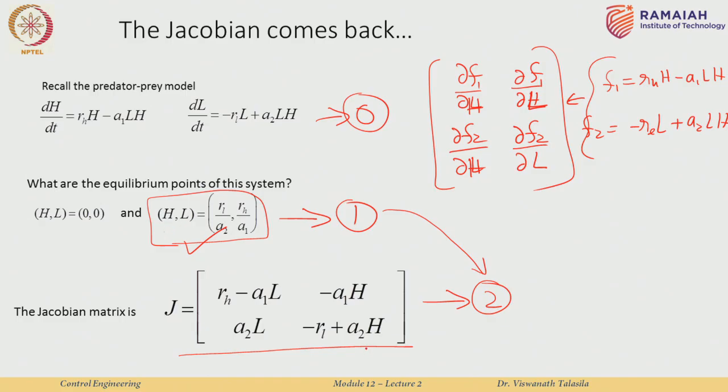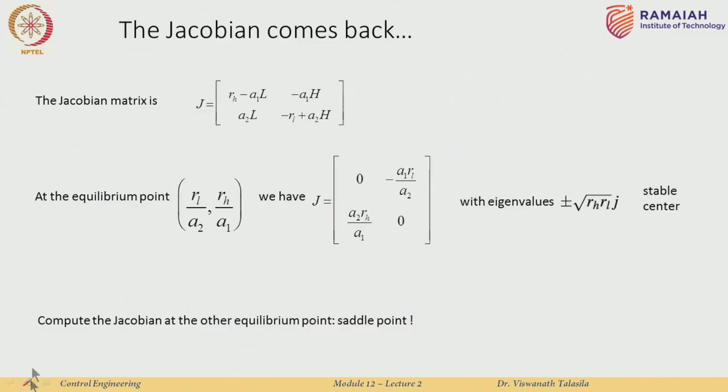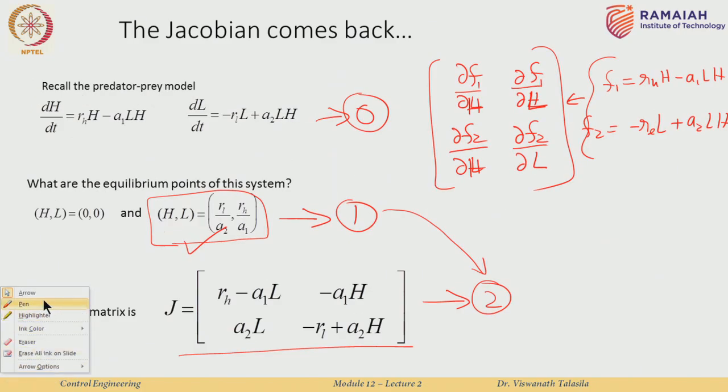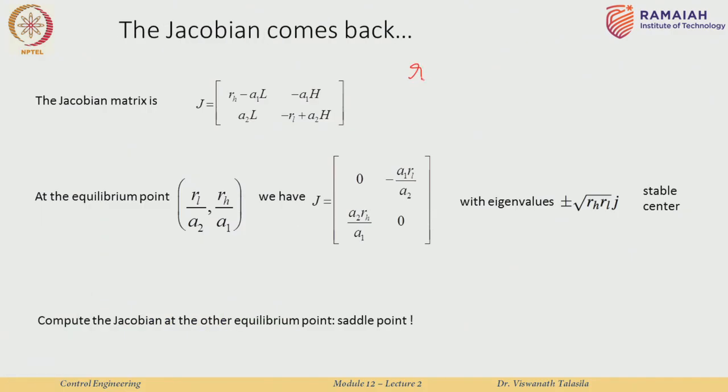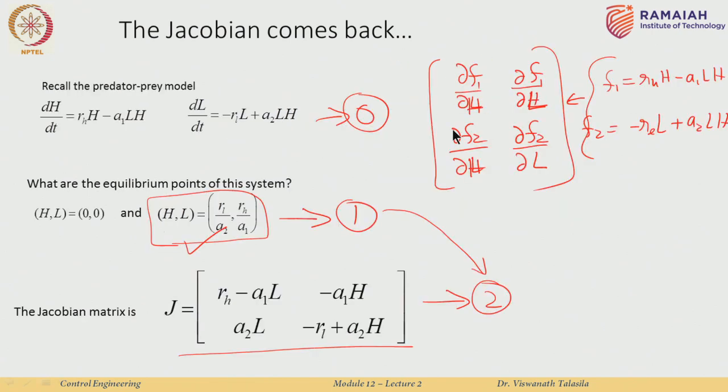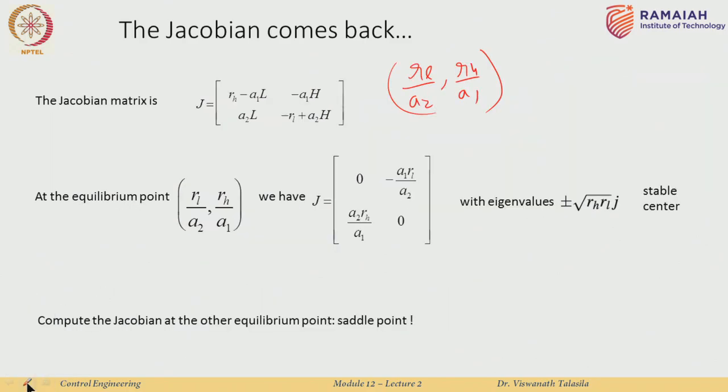So, we substitute RL by A2 and RH by A1, which is the equilibrium point which we had, into the Jacobian, and you are essentially going to get this linearized matrix. So, this is actually the A, and with this we get x dot equal to A times x.